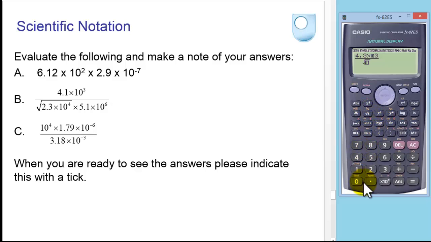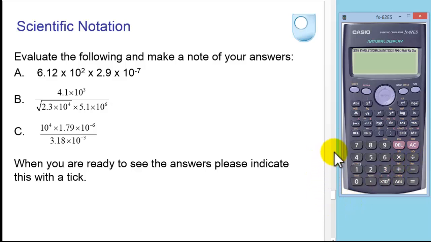Open the square root symbol, 2.3 times 10 to the power of 4. We now need to press the right key once, so that takes us out of the square root symbol, and I can now press times 5.1 times 10 to the power of 6. I then just press equals to get the answer, and that gives me 5.56 times 10 to the minus 6 as the answer.